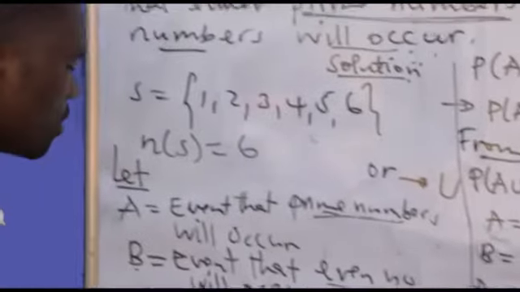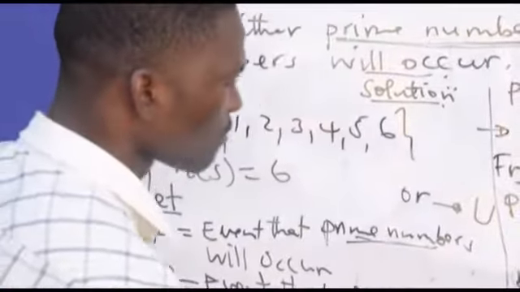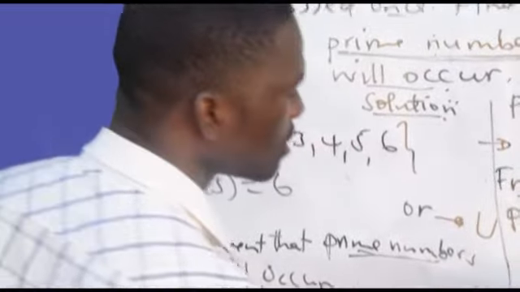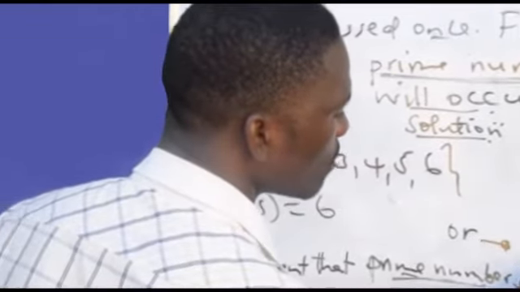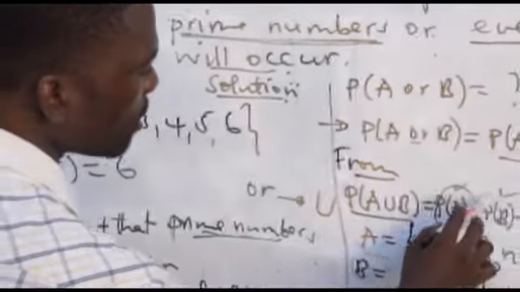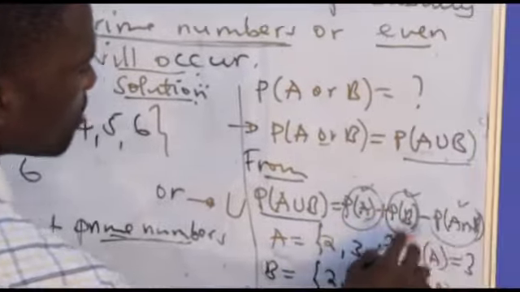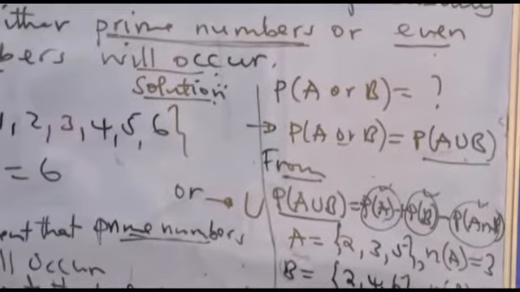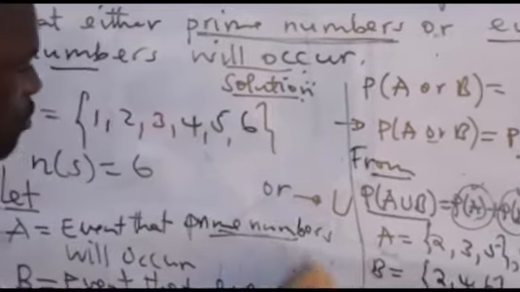So from here now we can find the probability that A or B will occur by finding the value of probability of A, probability of B, and the probability of A intersection B. Let's continue doing this question.